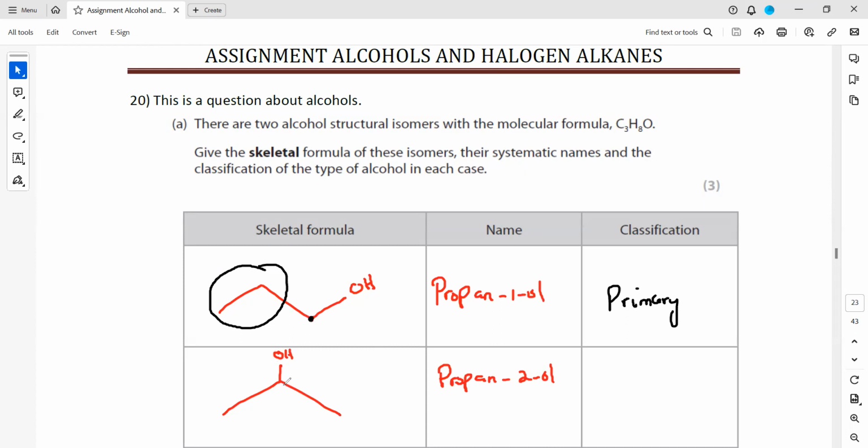The carbon which is attached to OH is having 2 carbon chains, so then it will be secondary. If 3 carbon chains were there, then it would be tertiary. So this is the skeletal formula. In the skeletal formula, we don't represent the hydrogen atoms. We just represent the functional groups and the carbon chain.